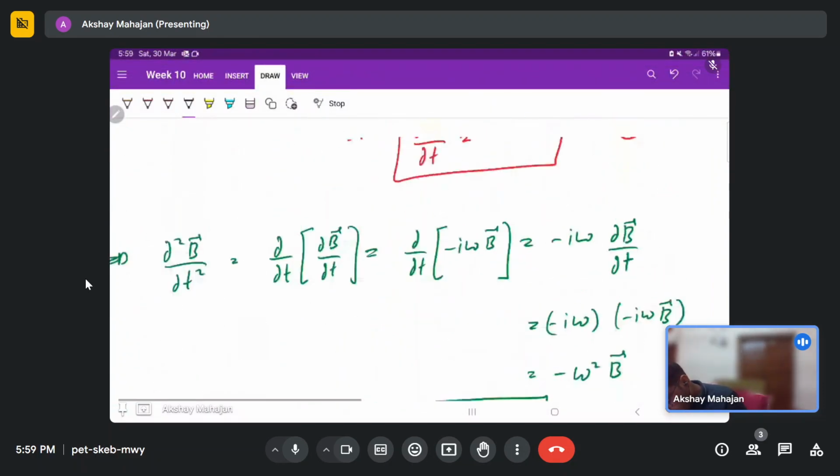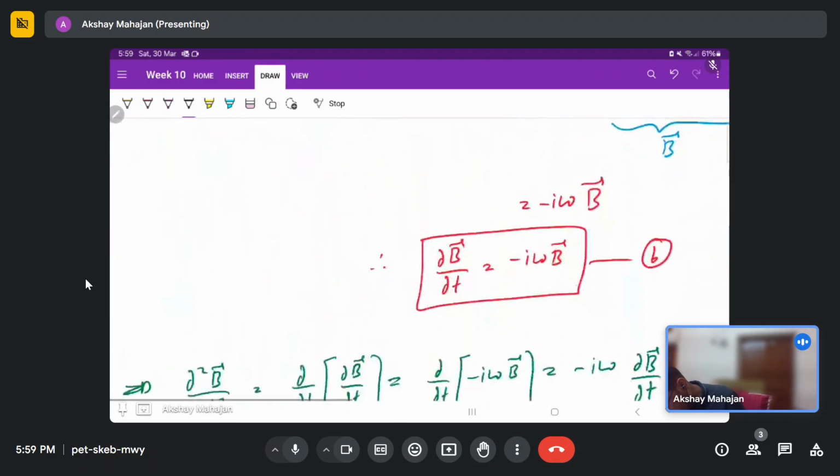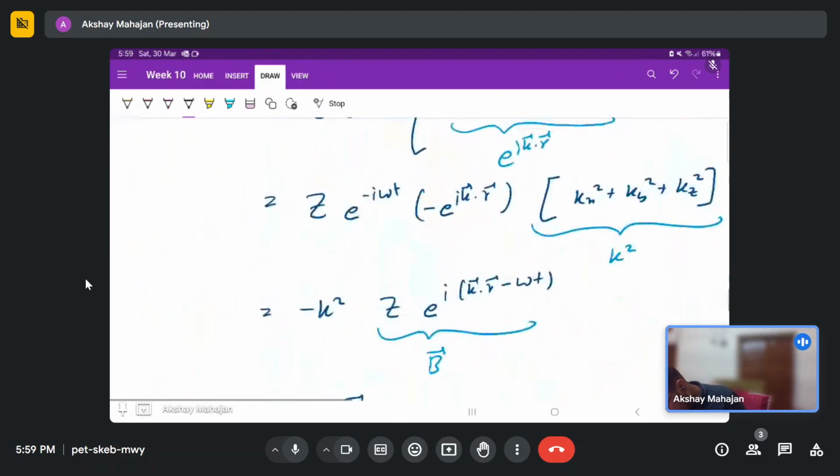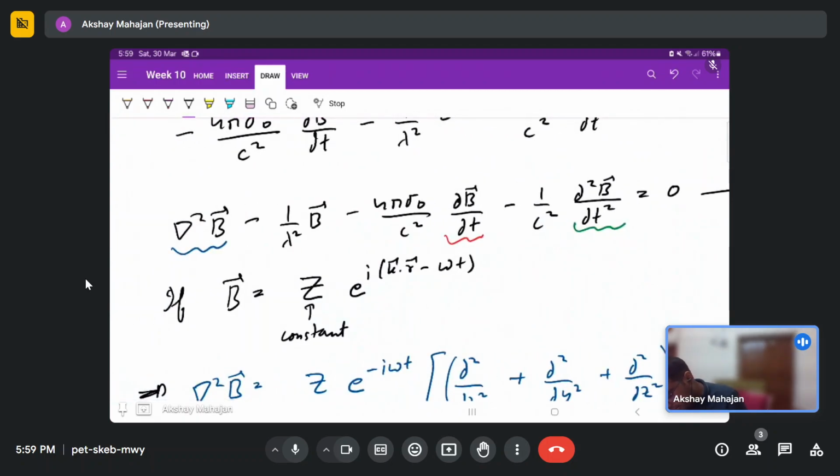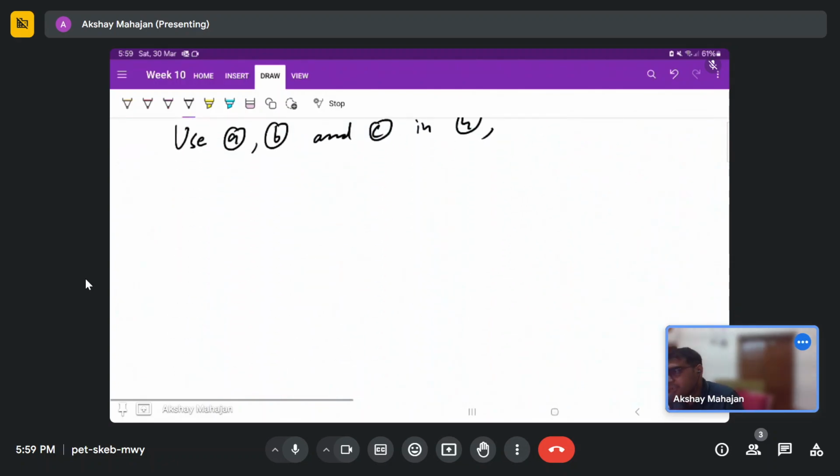Equation number 4 was this, that we have after putting b before. We have found all these three marked terms, blue, red and green. We just put in the values. So let me just write this equation again.